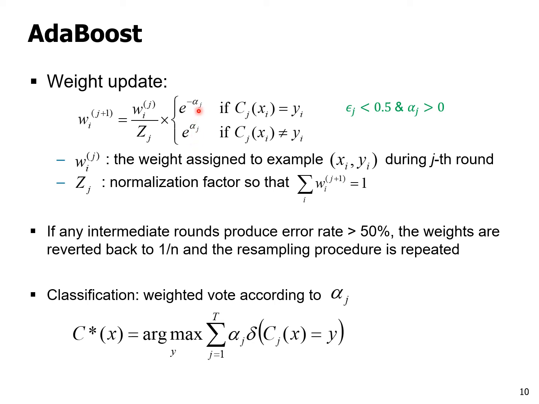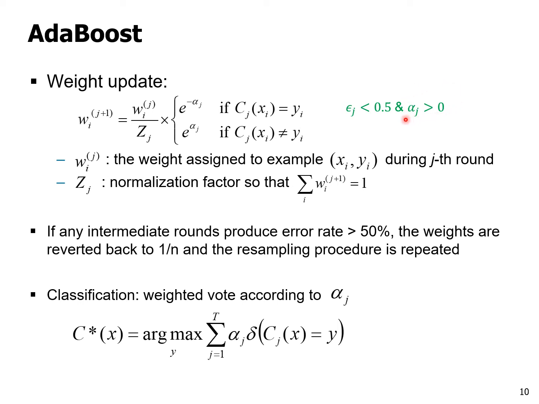About this alpha j, in the previous slide, what was alpha j? It was the importance or weight of classifier j, right? So alpha j is the weight or importance of classifier j, and this one is actually always positive.